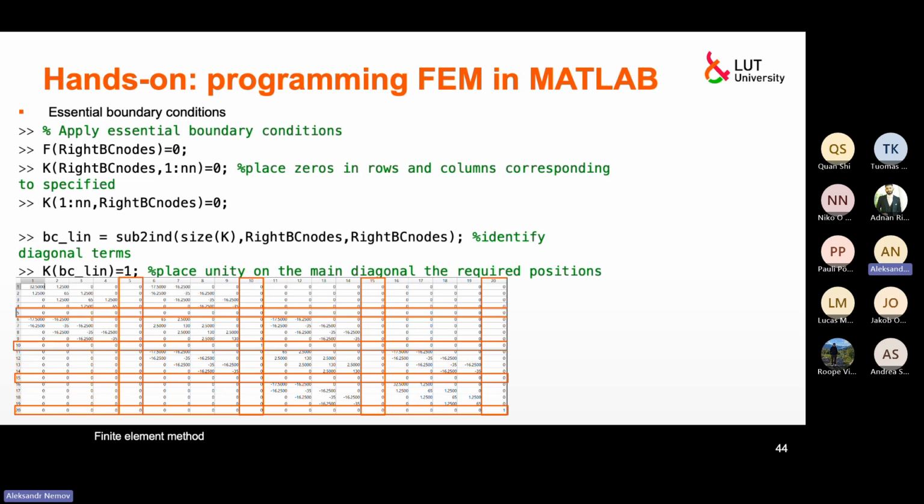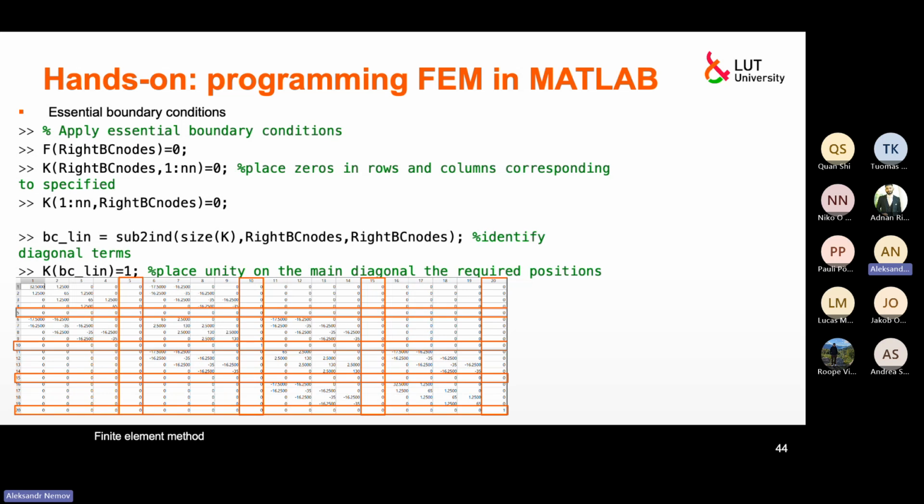Why can we do that? Because this matrix will be multiplied by the global vector of nodal coordinates. And when I'm multiplying it, it's row by column. So each row of this matrix will correspond to some component in the result vector.